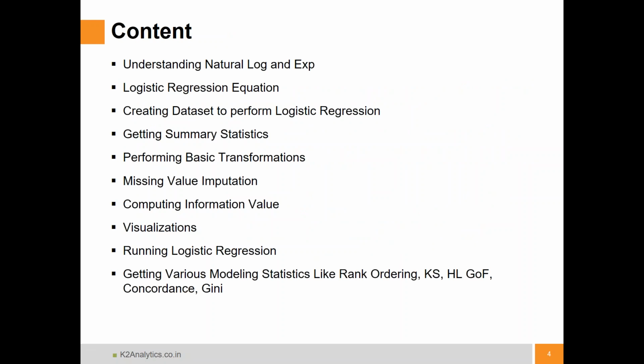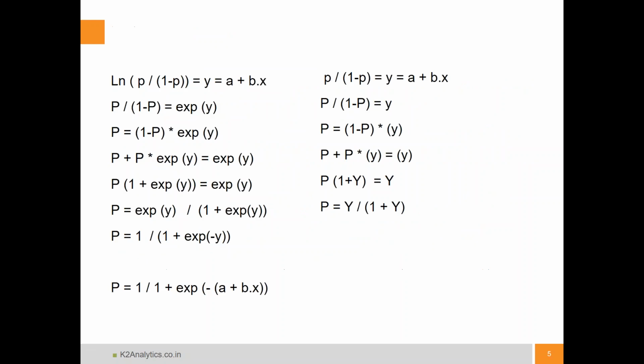We understood why we are not using probability directly for model development, why we are using a log of odds in logistic regression. This is the entire calculation that I had explained. And then by solving this log of odds equation, we come up with this probability formula where we can then estimate the probability also.